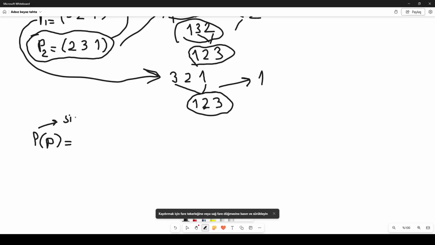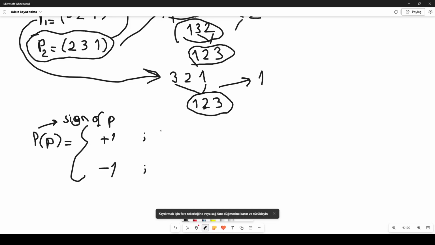Let's define what it means for a permutation to have a sign. The sign of the permutation P is equal to either +1 or -1. So a sign of a permutation has two different values, and they are either +1 or -1.